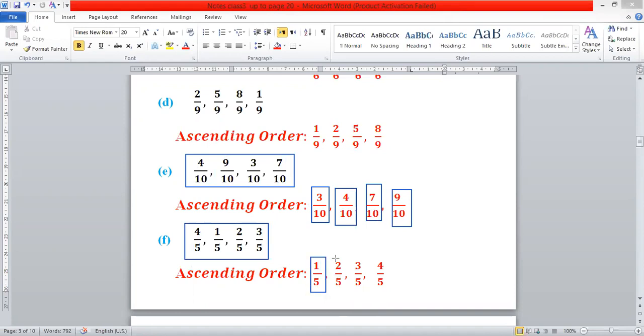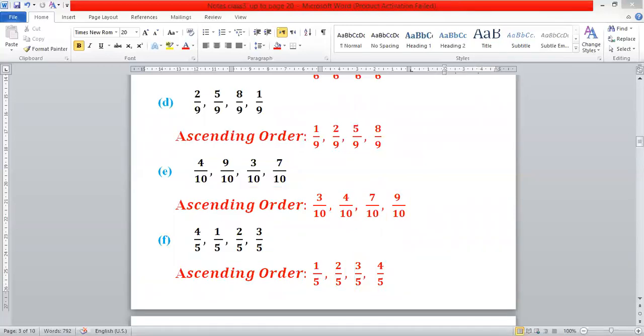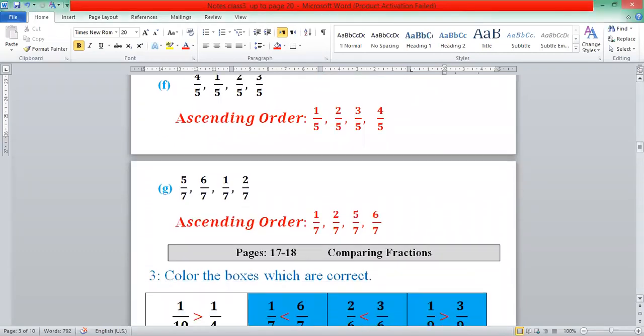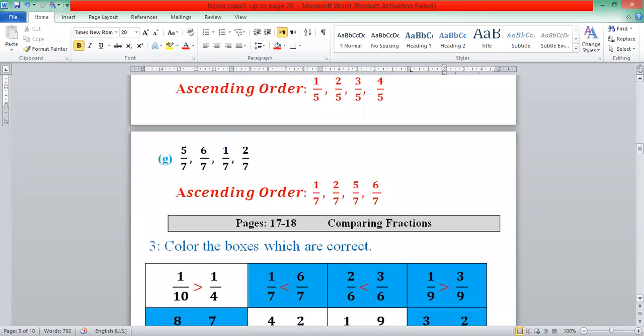Starting from 1, then 2, then 3, then 4. 1 over 5, 2 over 5, 3 over 5, 4 over 5. Now, look at the next one. In this way, you can write part G as well.